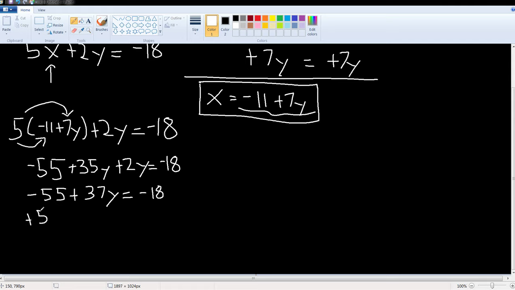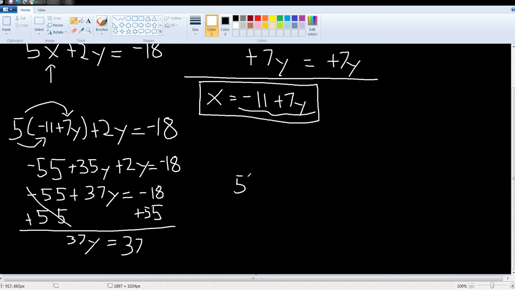I add 55 to each side so I can get the variable by itself. I'll get 37y. Remember, the negative 55 and the plus 55 cancel out. So I get negative 18 plus 55. That's essentially saying 55 minus 18. And then I believe that's 37, right?